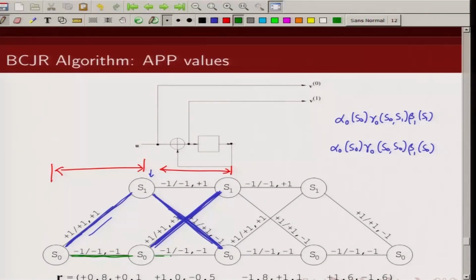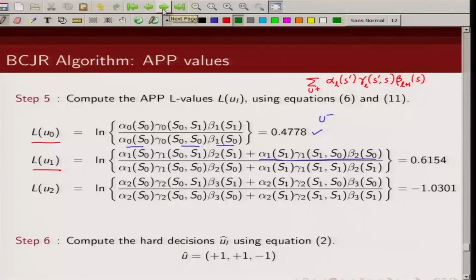One of them is this, and the second one is this. So, in the denominator also you will have two terms. This gives you alpha 1 S 0, gamma 1 S 0 S 0 times beta 2 S 0, plus alpha 1 S 1, gamma 1 S 1 S 1 times beta 2 S 1, and that is what you have here.